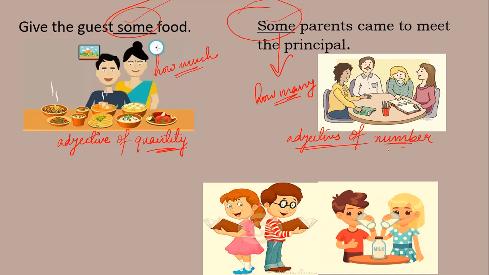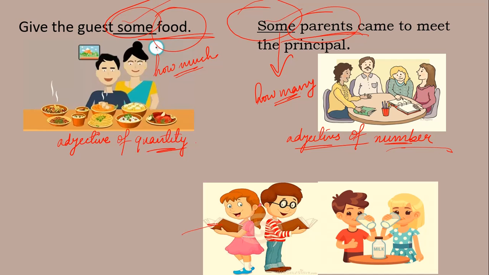Here in this case, food is uncountable, but parents are countable. So when it is a countable noun, we use adjective of number. Whenever we can count the noun, we use adjective of number. And when we cannot count it, when it is uncountable, we use adjectives of quantity.